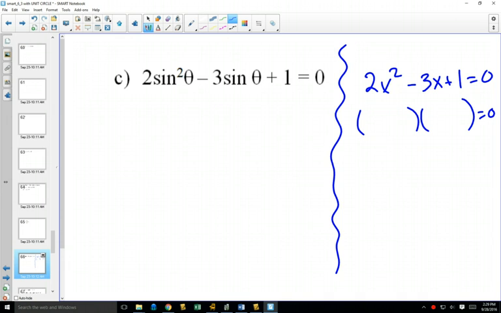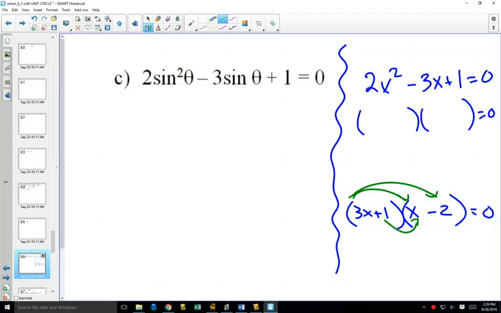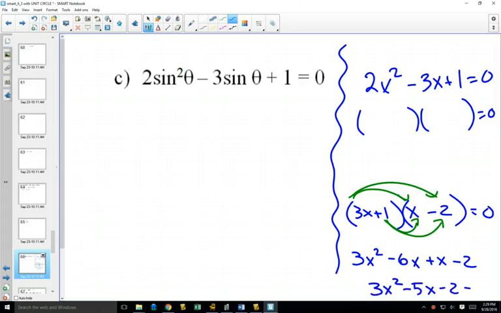So one of the patterns I'm going to point out, let's say you factored something else and it happened to be 3x plus 1 and x minus 2. If you multiplied this out, you would multiply the first ones, the outside ones, the inside ones, and the last ones, and you would get 3x squared minus 2x, minus 6x plus x minus 2, and you would combine your like terms and get 3x squared minus 5x minus 2.